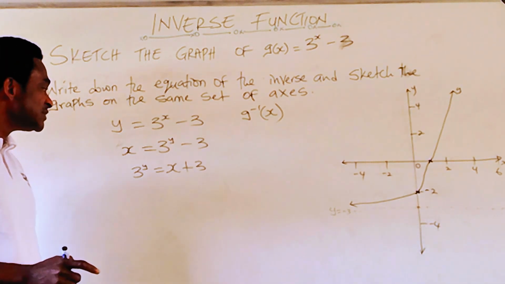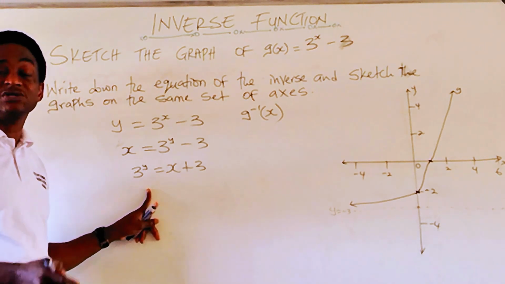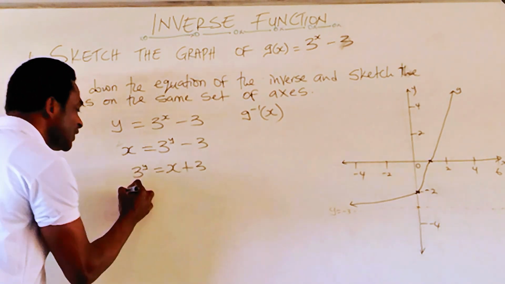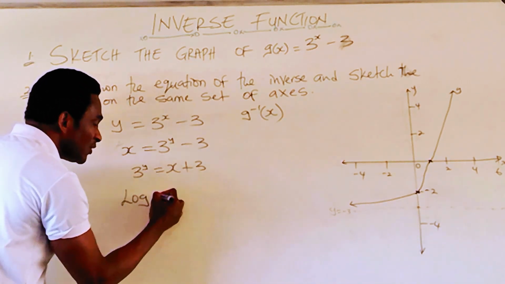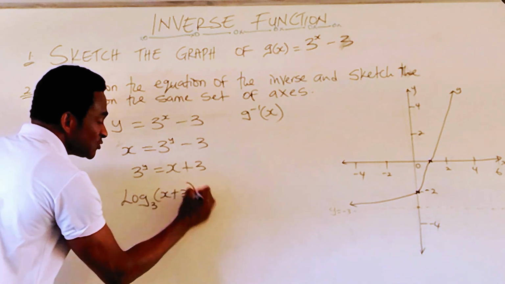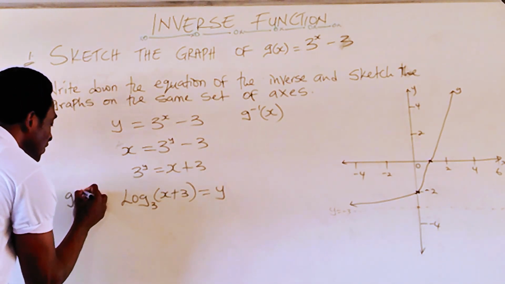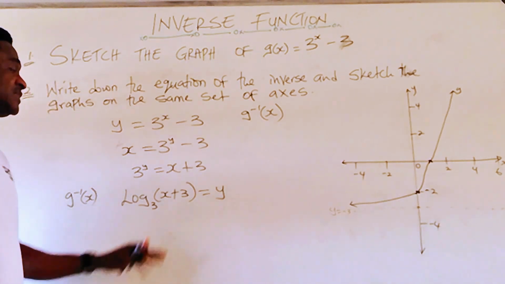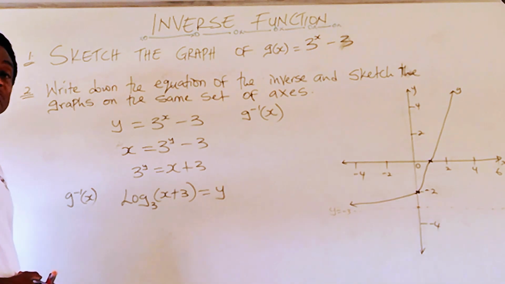The laws of logarithm say that the base of the exponent becomes the base of the log. So the base of the exponent here will become the base of the log of the value here. So this is the inverse function of g.